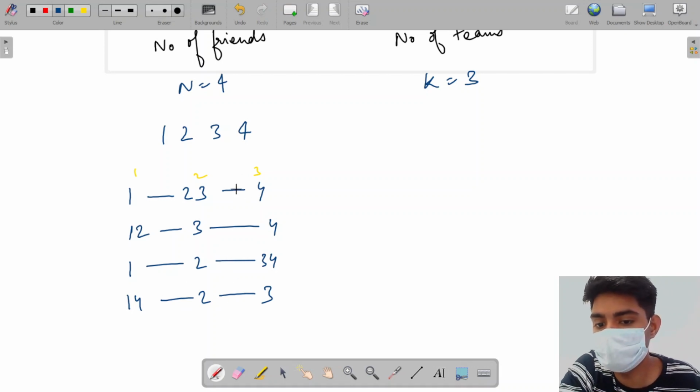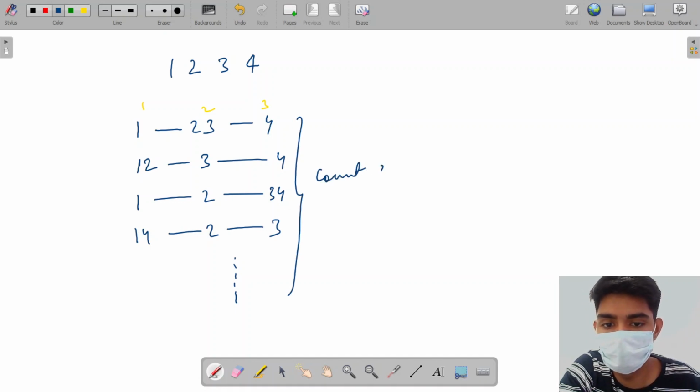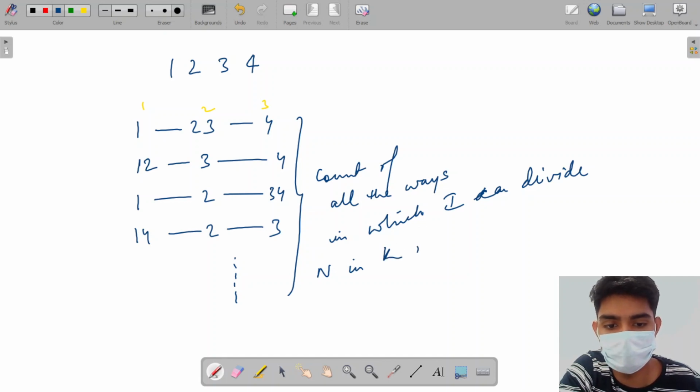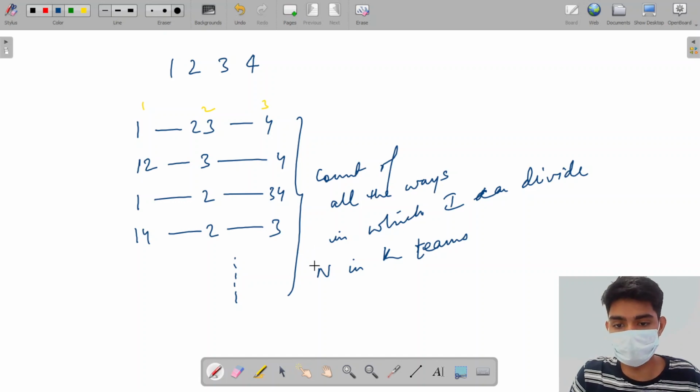I can do this in multiple ways, and what I have to do is print the count of all the ways in which I can divide n friends in k teams. So this is going to be my answer to the question.